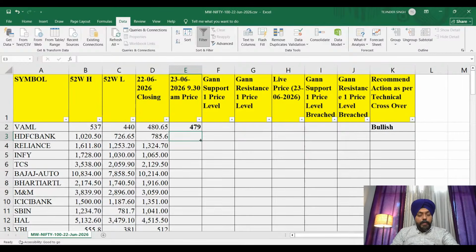Now I have entered 479 here as the 9:30 AM price. Now I will redirect you to another website, which is known as the Gann square of 9, for the indicators. Let me just open that browser.